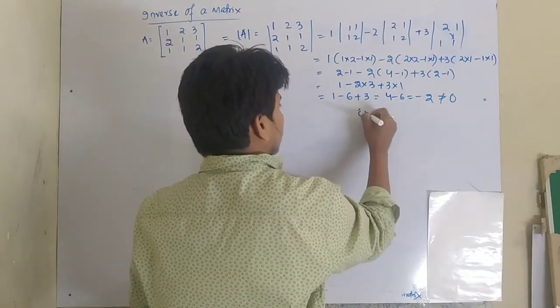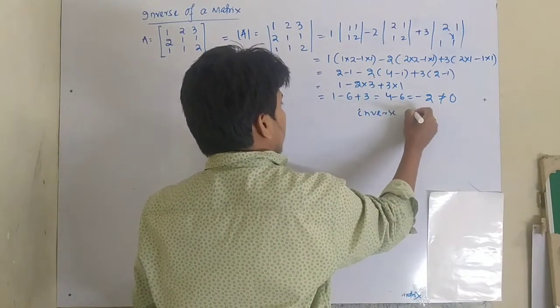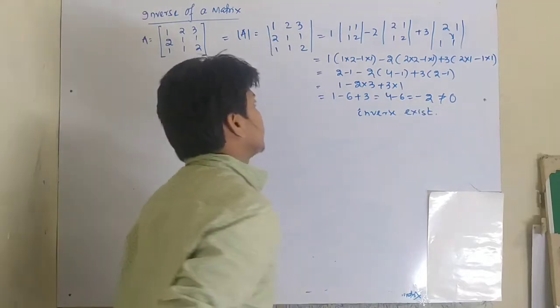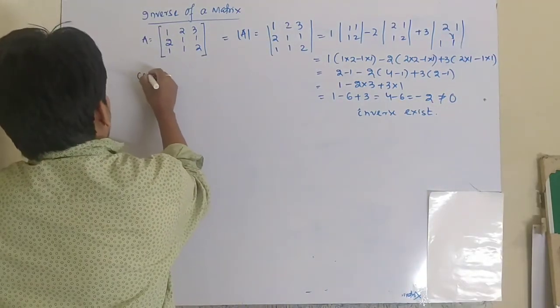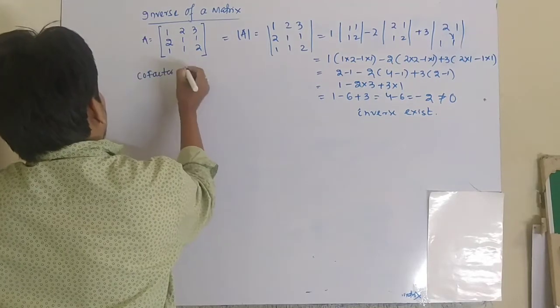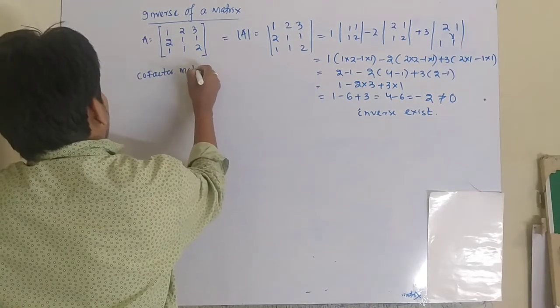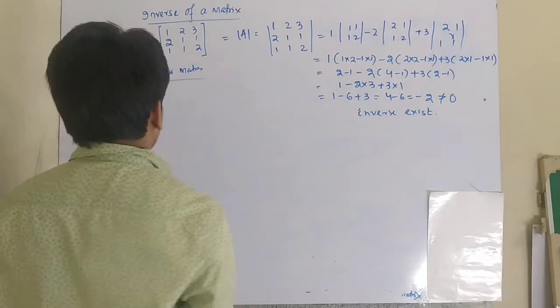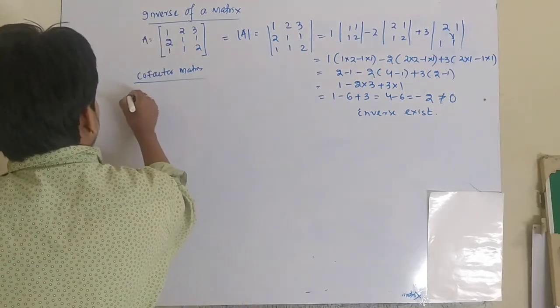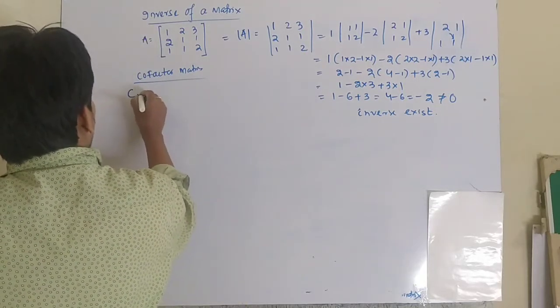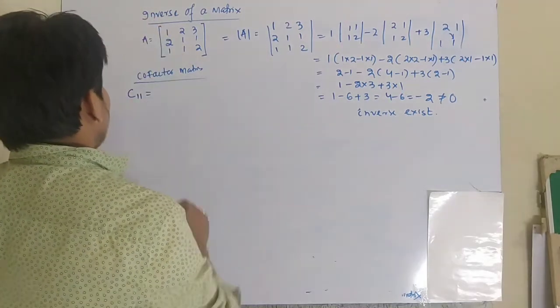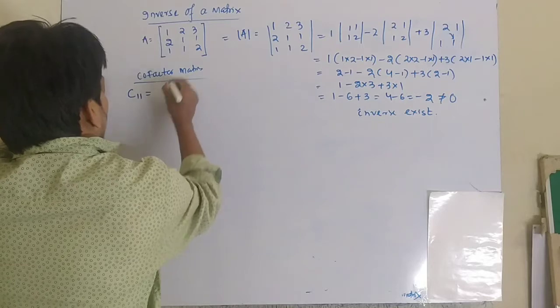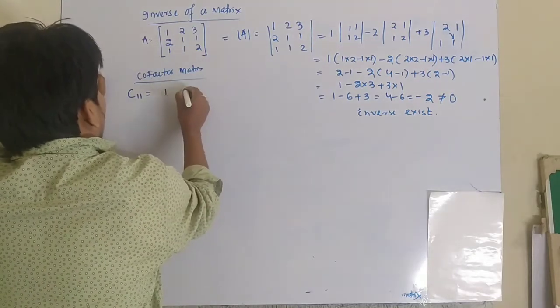So the inverse exists. Then we proceed to the cofactor matrix. First you have to write C11. That means for the 1 you have to write 1.